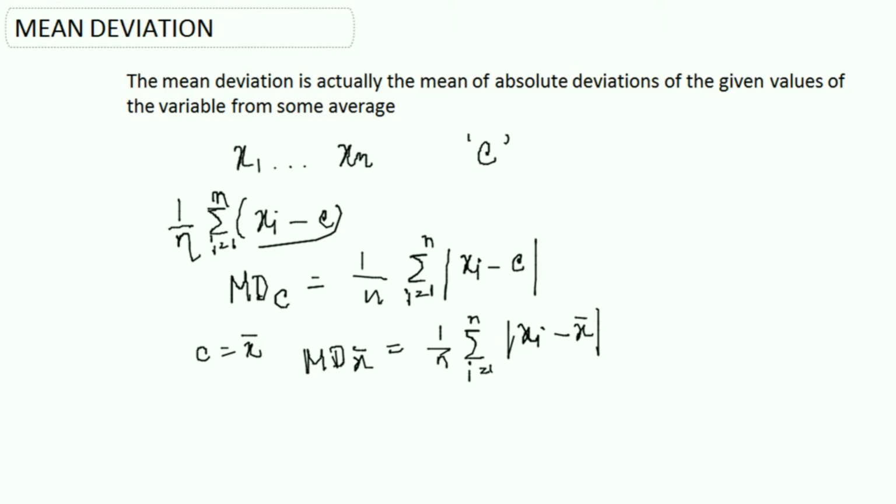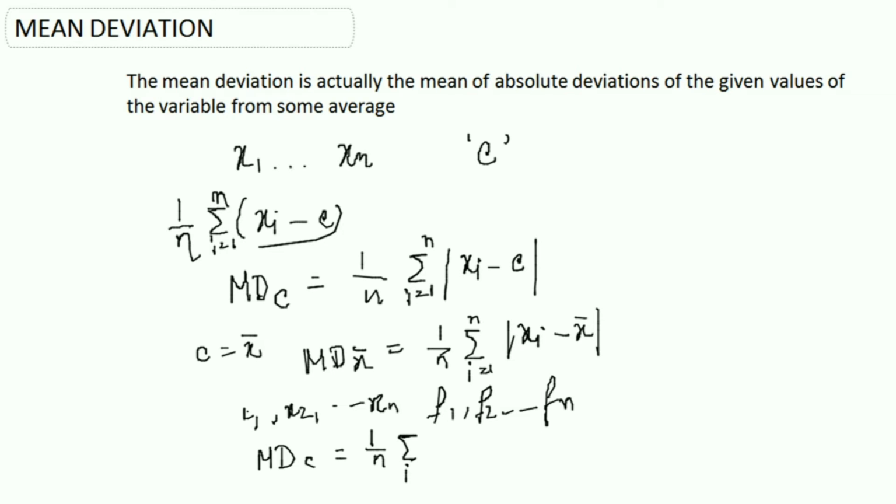Again, if we have the variable values x1, x2, up to xn, and the corresponding frequencies f1, f2 up to fn, then the formula of mean deviation about c for frequency type data is MDc equal to 1 by n summation i ranging from 1 to n of fi mod of xi minus c.